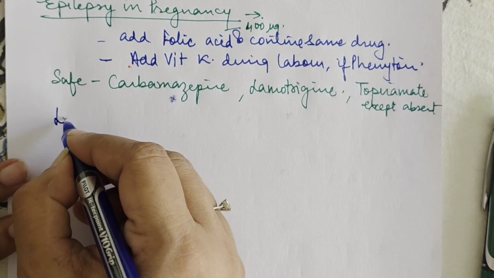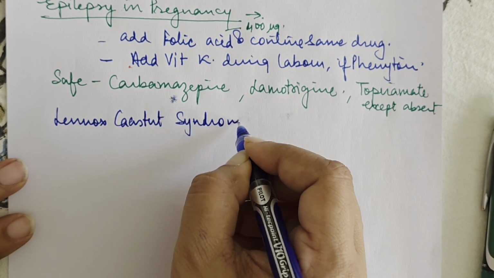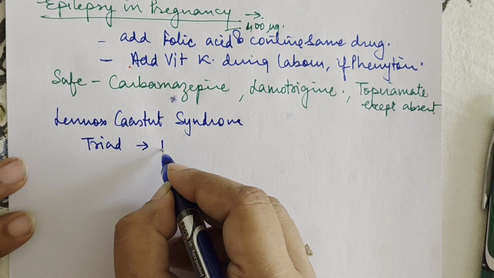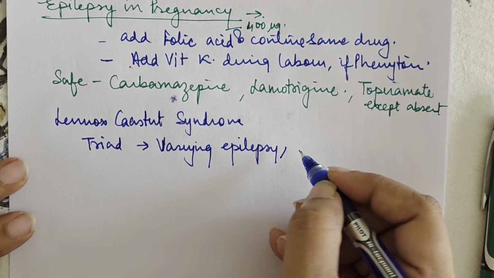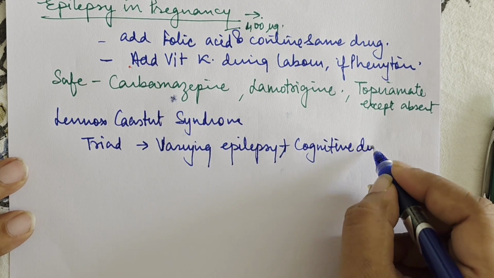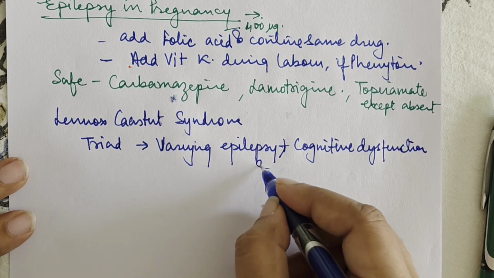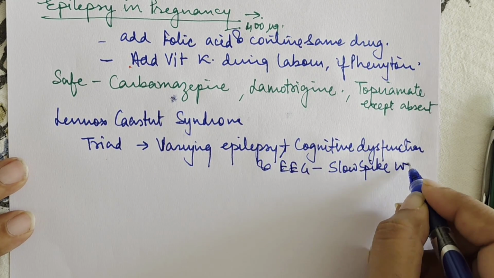एक Lennox-Gastaut syndrome पे questions आते हैं. So what is Lennox-Gastaut syndrome? This is basically a triad of varying epilepsies, it has got frequent seizures. Then there is cognitive dysfunction, and EEG में we get slow spike wave complex.